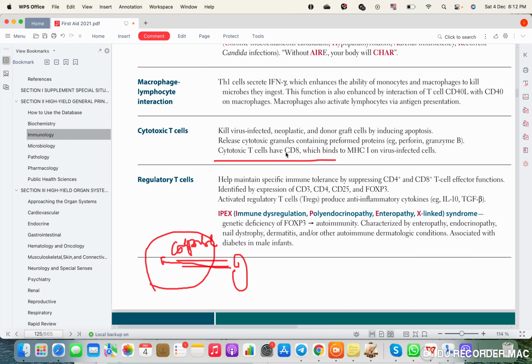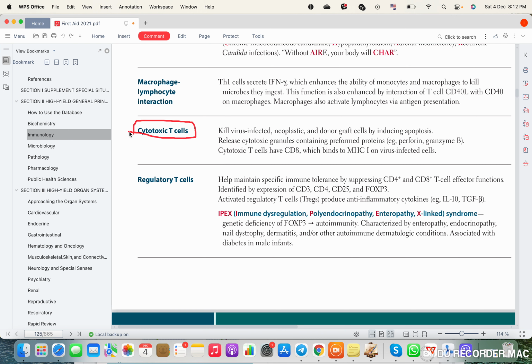Okay, cytotoxic T cells have CD8, which binds to the MHC class 1 on virally infected cells. There's another cell we spoke about today. This cytotoxic T cell is a lymphocyte, and it's a part of the acquired immune system.